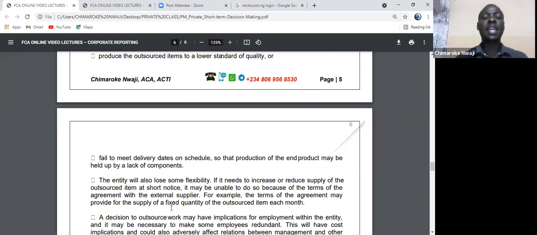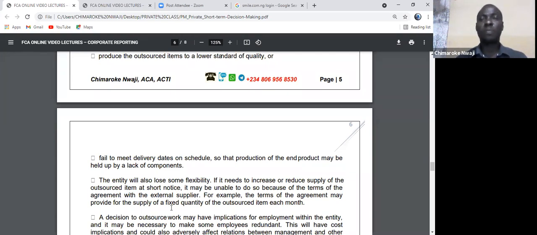Also, the entity will lose some flexibility. If it needs to increase or reduce supply of outsourced item at short notice, it may be unable to do it because of the terms of agreement. Maybe your terms of agreement may be that give us 50,000 units every day.